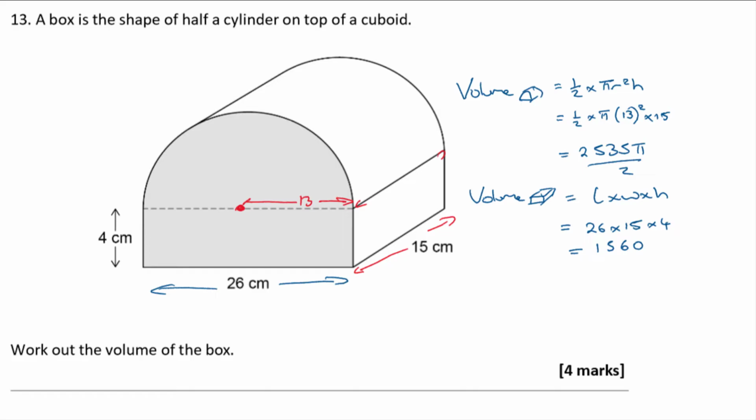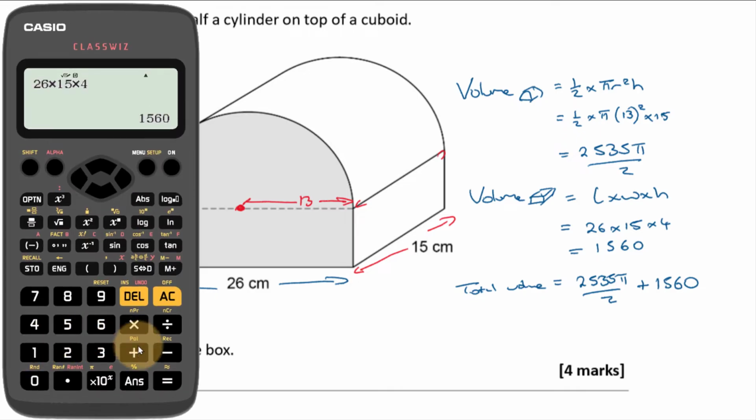Okay, so then the total volume is going to be those two things added together then, isn't it? It's going to be the 2535 pi over 2 plus 1560. What's that then? So add on 2535 pi over 2.